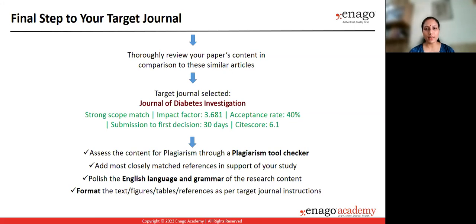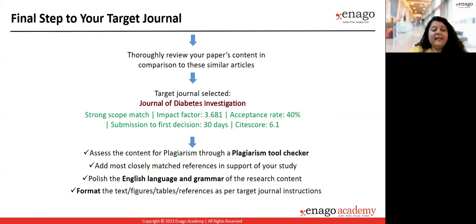This is how you can convey to the journal's editor that you are well aware of the research developments in this field and you are thorough and sure that these are the research objectives which can bring more future light to the researchers in this scope. Please polish the English language and grammar of the research content and format the text, figures, tables, references as per the target journal instructions. Right, that was very useful, Sujata, no doubt.